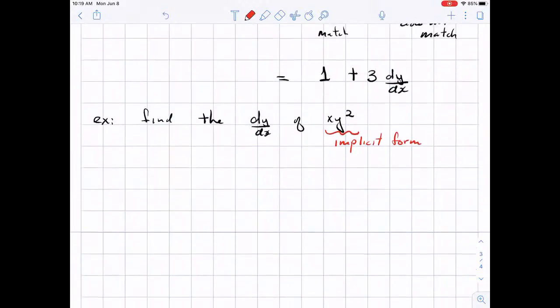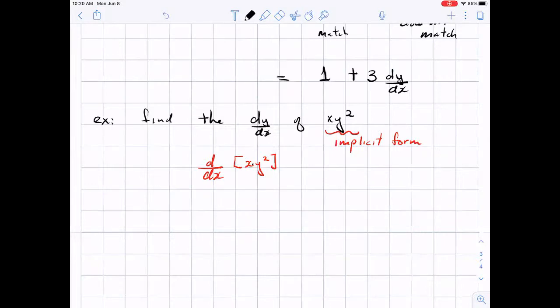So d dx of the function xy squared, that's what they're asking. Well, here we have to use the product rule. What does the product rule tell us? Since this is a product, we're going to use the product rule. The product rule says to first differentiate x, then we add the differentiation of the y.